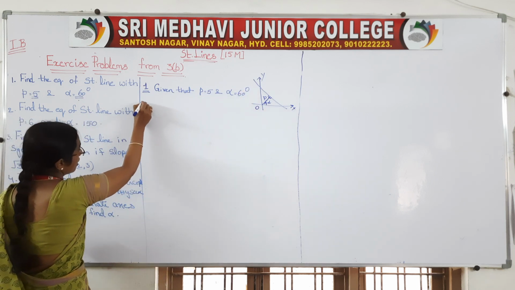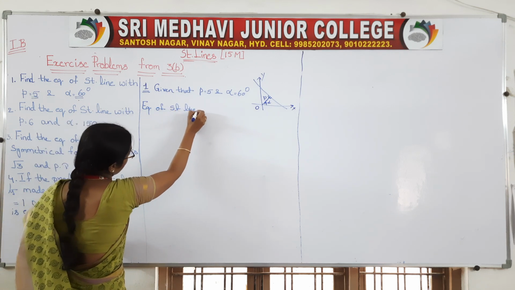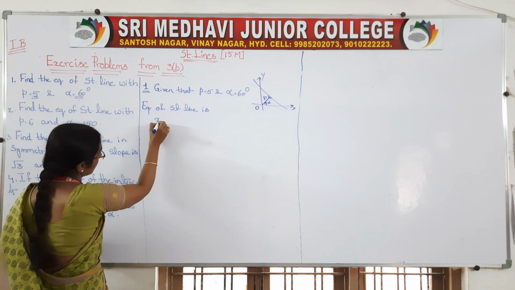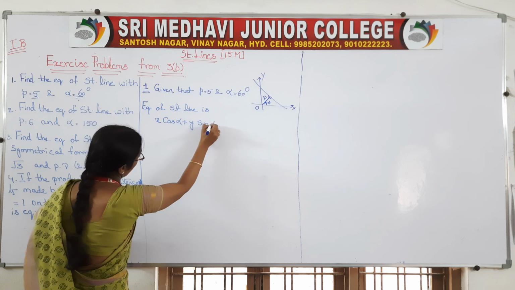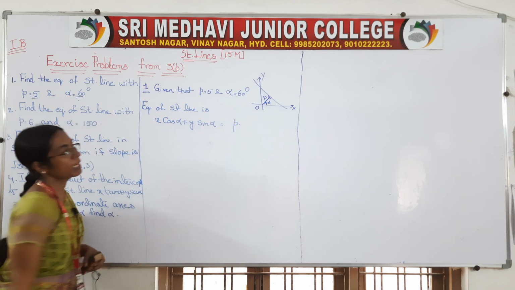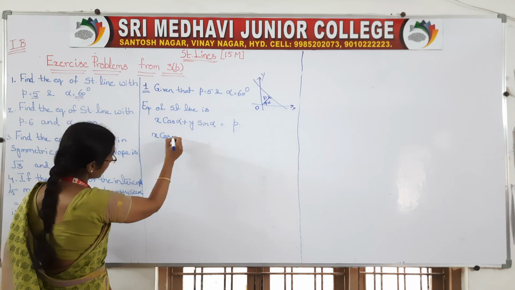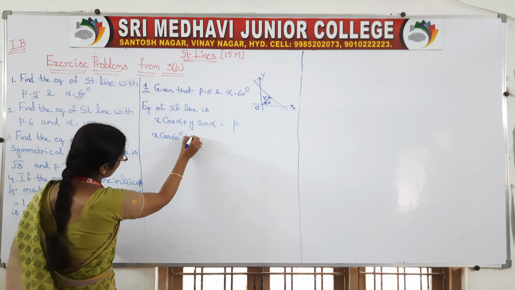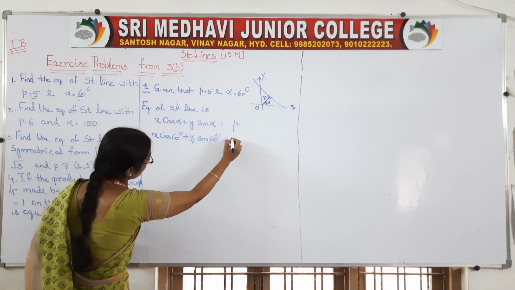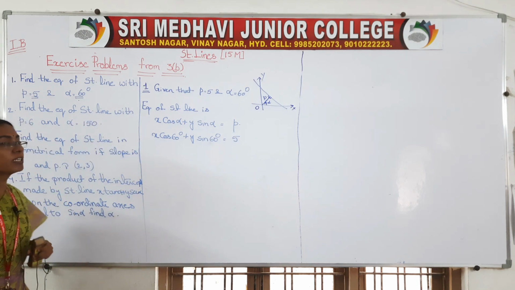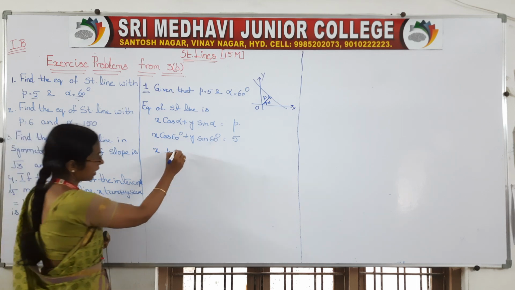So the equation of the straight line is x cos alpha plus y sin alpha is equal to P. x cos 60 degrees plus y sin 60 degrees is equal to 5. So x into cos 60, which is 1 by 2 by your trigonometry.